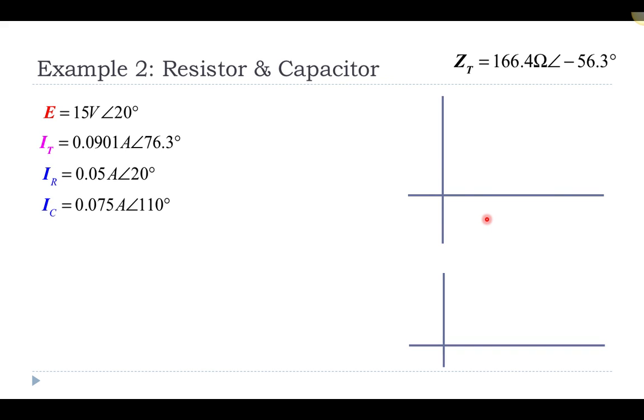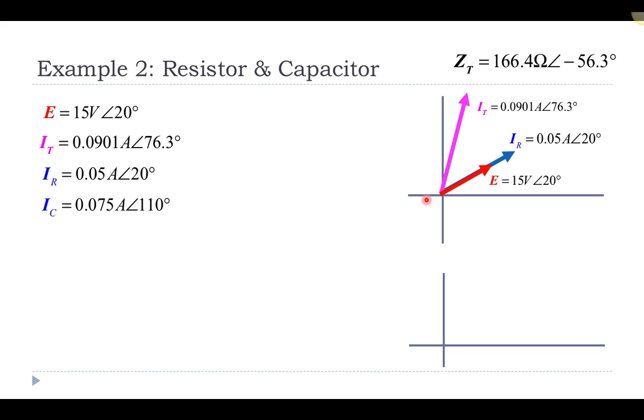We can make a plot of these. So if we plot the voltage, it's at an angle of 20 degrees. If we plot the current, it's at an angle of 76.3 degrees. If I plot the current through the resistor, it is in phase with the voltage supply across the resistor, right, which we expect. The resistor current and the voltage across the resistor are in phase.